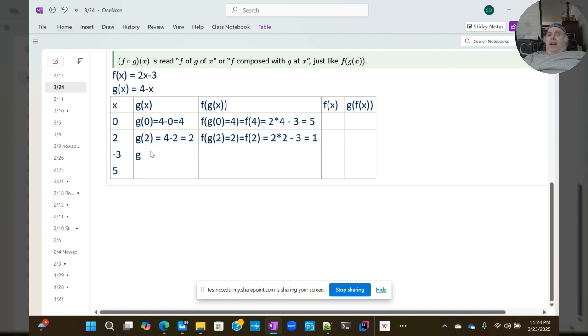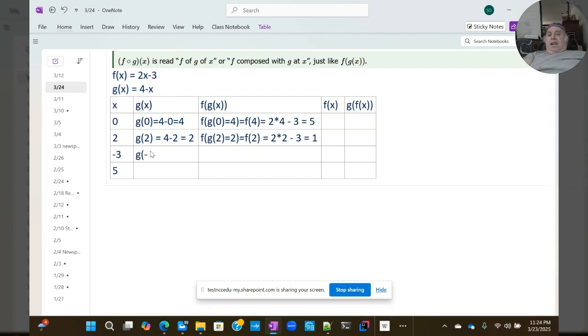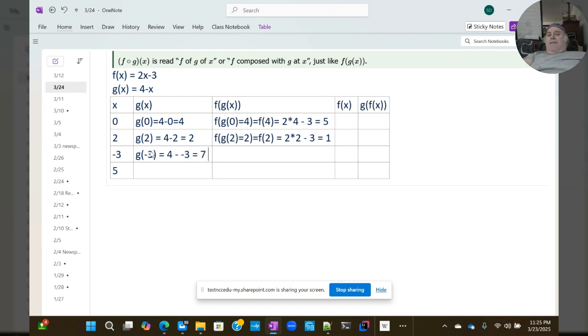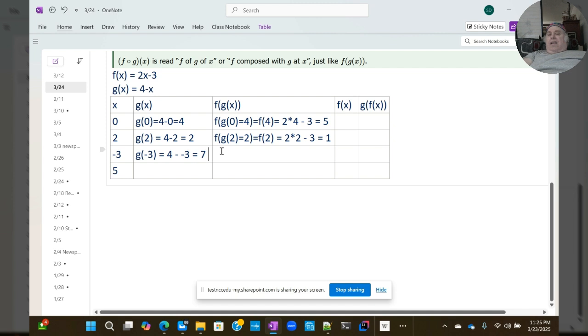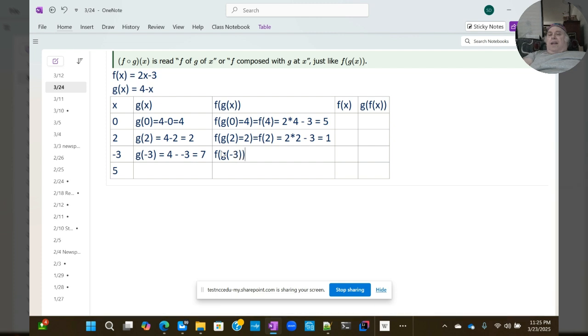We could take g of minus 3, which is 4 minus negative 3, which equals 7. f of g of minus 3 equals f of 7, which equals 2 times 7 minus 3, which is 11.